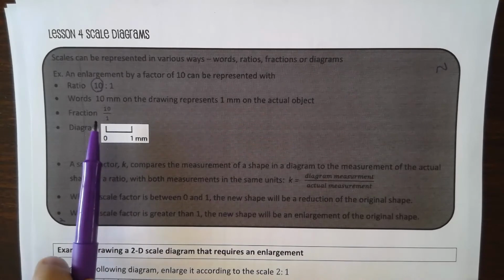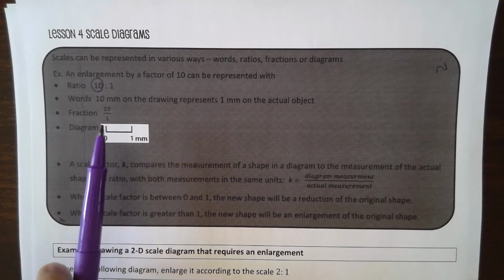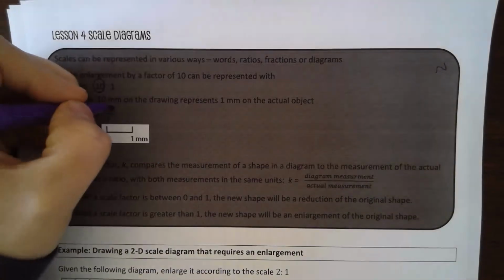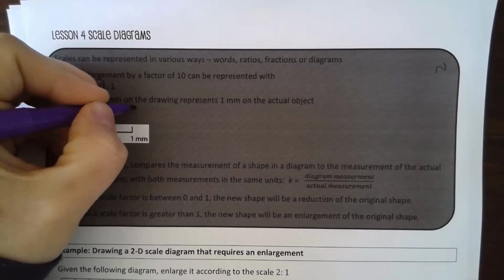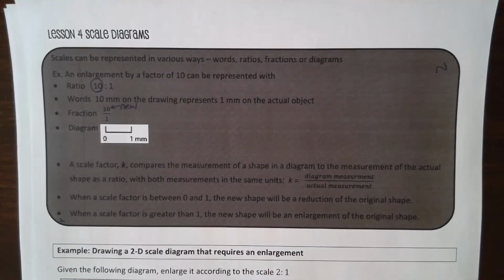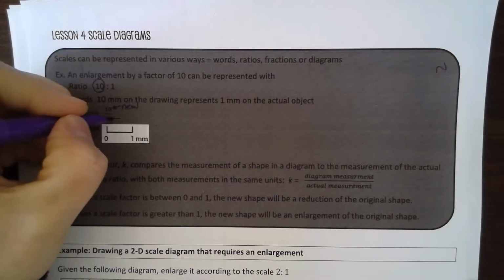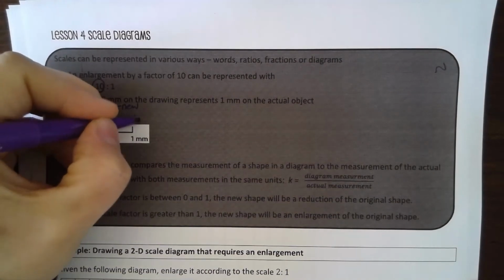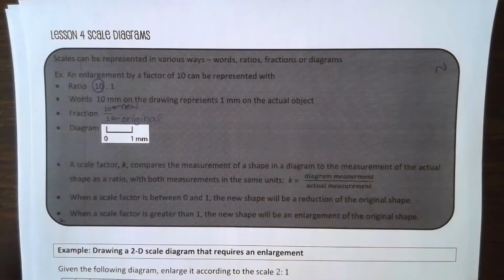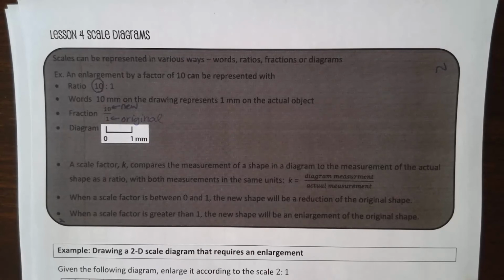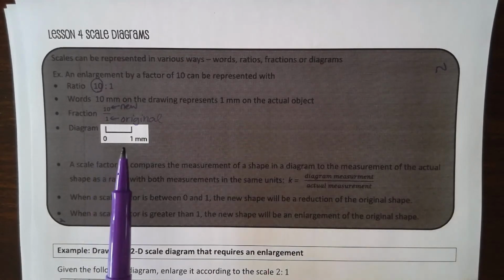In a fraction, we put the 10 on top. The 10 represents the new size, right? The new object, and the 1 comes from the original object. And in the diagram, again, the diagram would probably have a little bit more context.